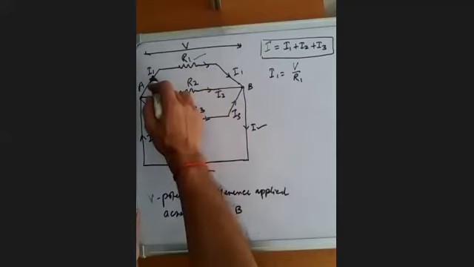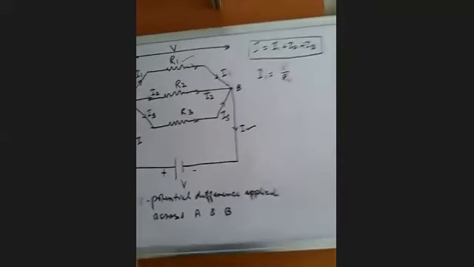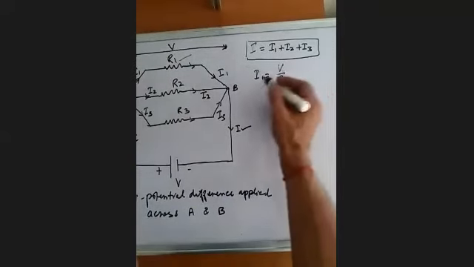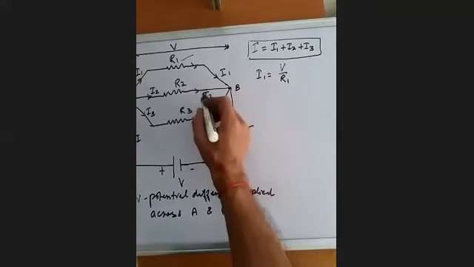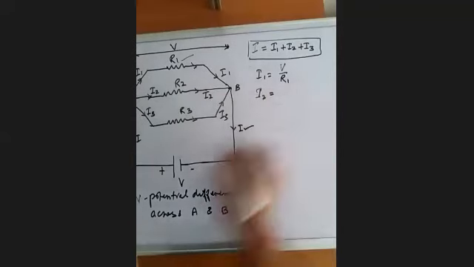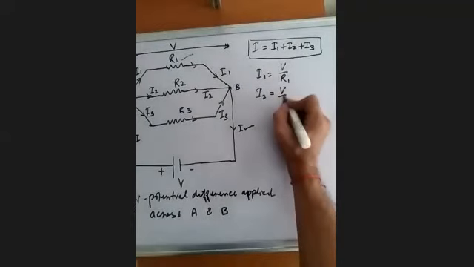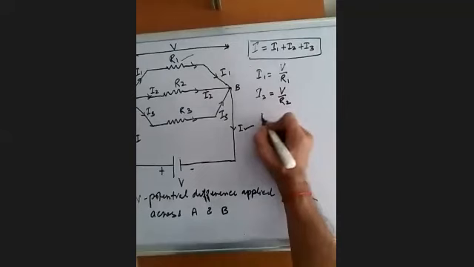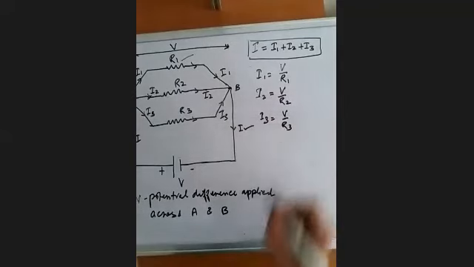Using Ohm's law, I1 will be equal to V upon R1, because V is equal to IR. Similarly, I2, the current in the second resistance, will be equal to V divided by R2. Similarly, I3 will be equal to V divided by R3.